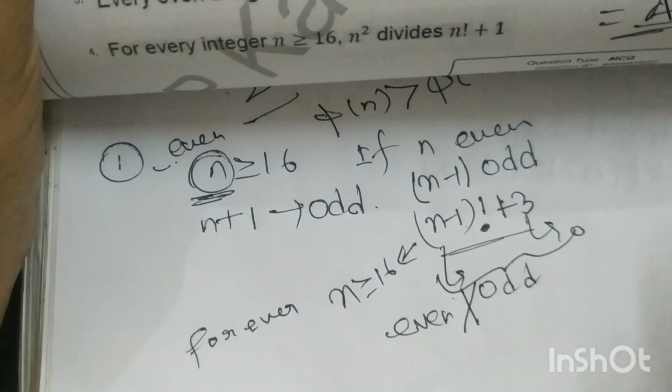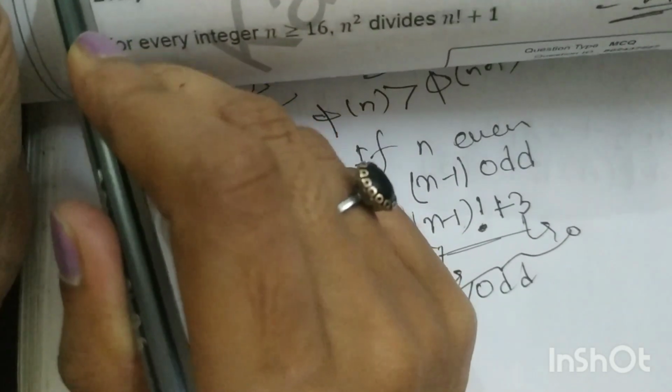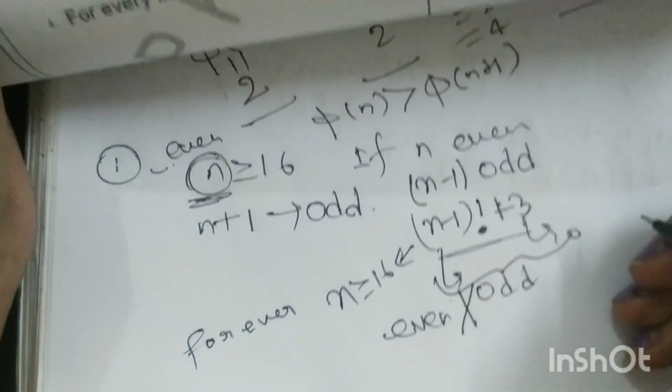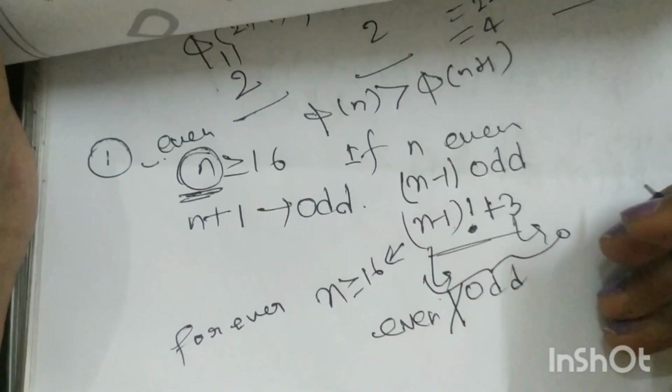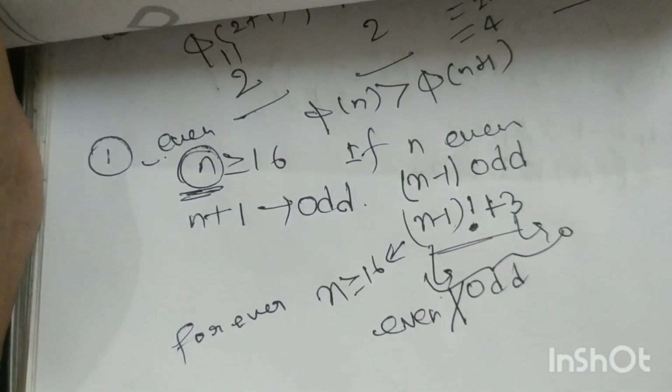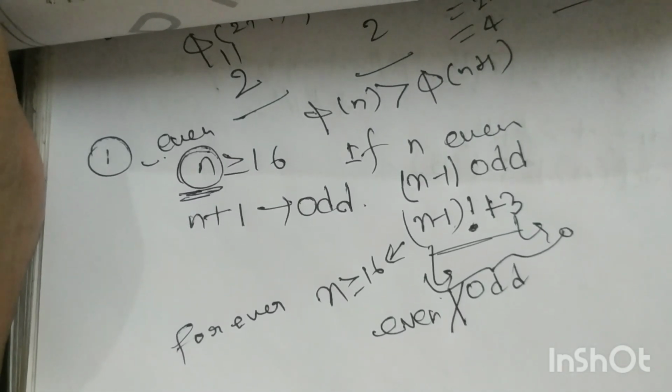Now every odd integer, similarly you can do this option, it is also incorrect. Similarly as I did option first, you can try to solve option second, and it is the same. That is why I'm not doing this. If you want, I can do it.